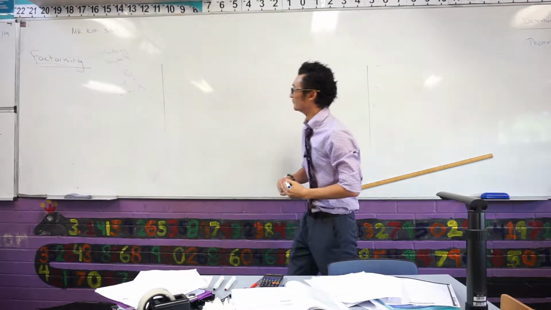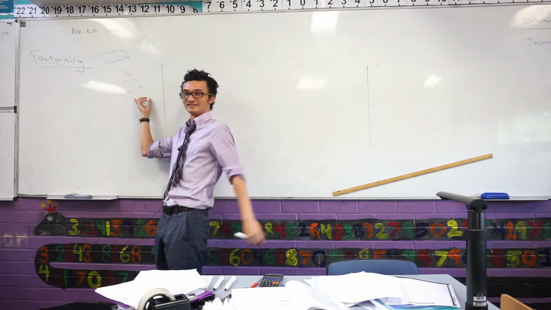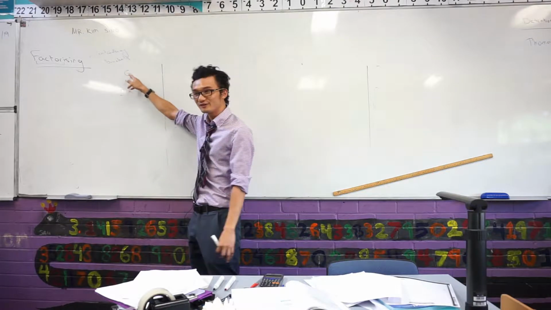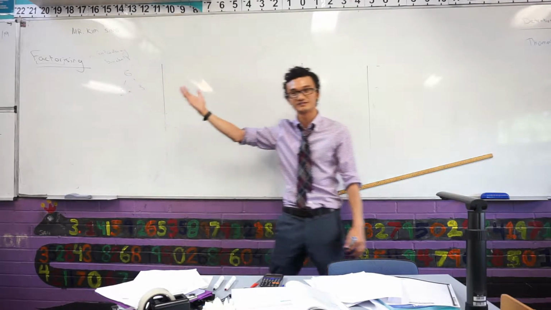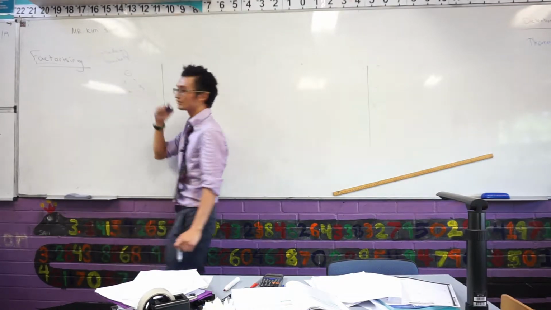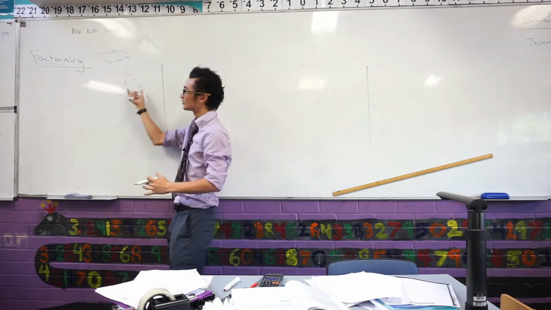These are factorized because these two numbers, when multiplied together, make up 6. So factorizing can be thought of as introducing brackets, or thinking about what things multiply together to give you that expression.